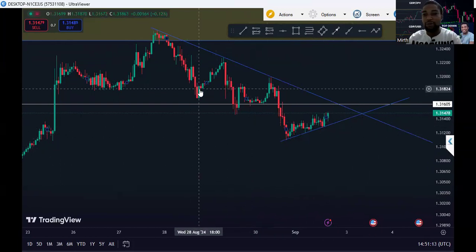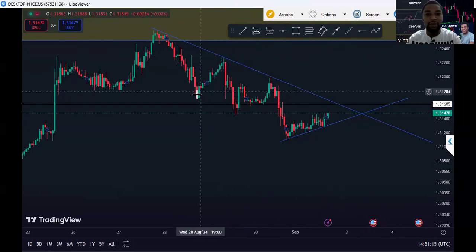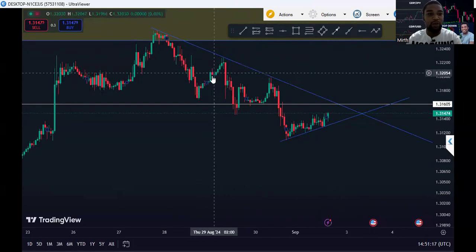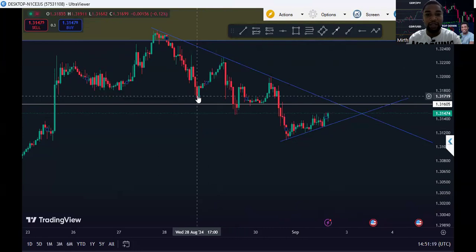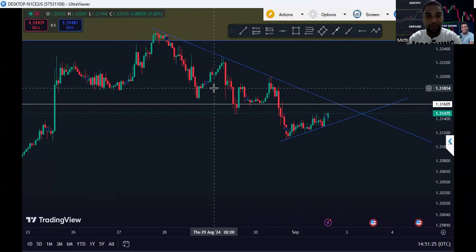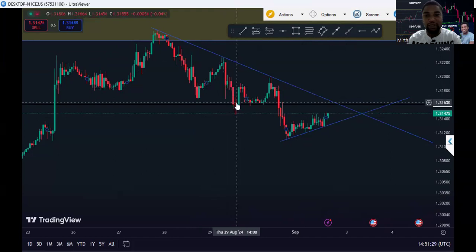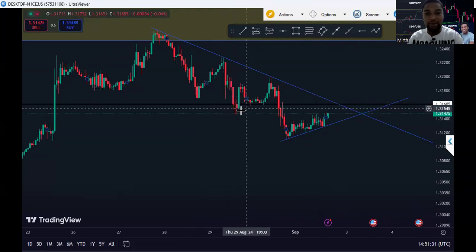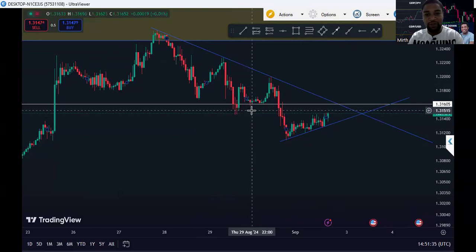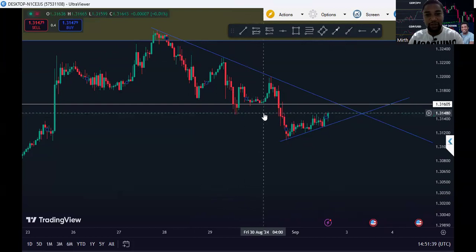So this candle, what I normally do, I check the number of hours. We're on the 1-hour time frame, so I check the number of hours that the candle has formed. 1, 2, 3, 4, 5, 6, 7, 8, 9, 10, 11, 12, 13.